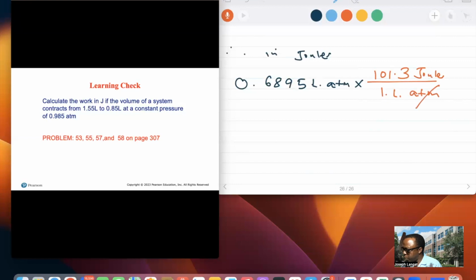So atmosphere and atmosphere cancel, liter and liter cancel. This will be 69.8 joules.